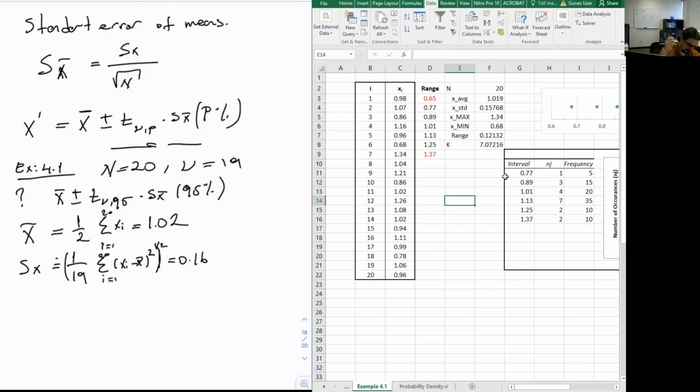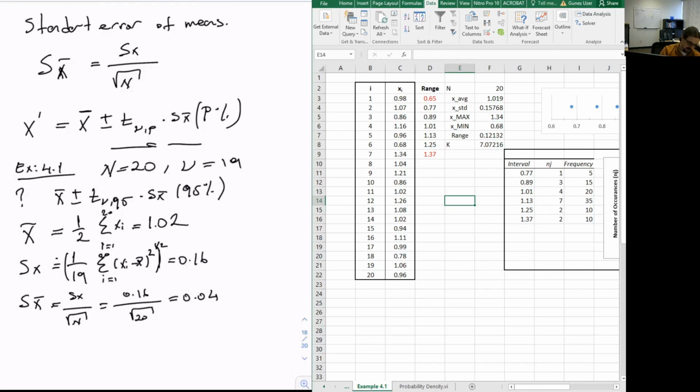My standard error Sx bar is Sx divided by the square root of n, which is 0.16 divided by the square root of 20, and that's going to be 0.04.